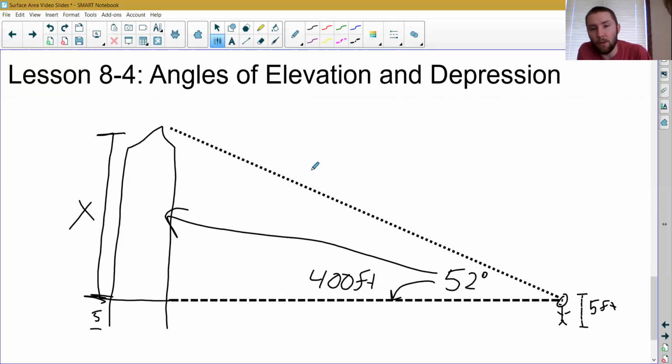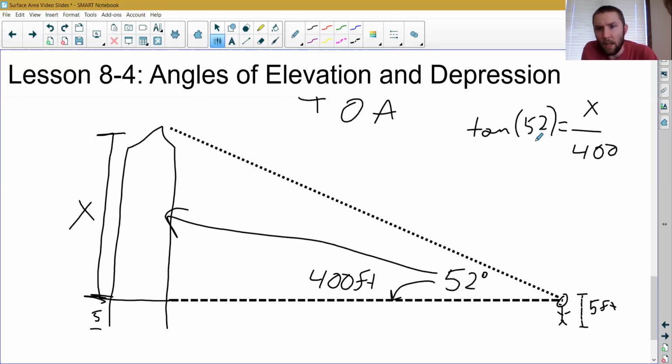The straight line of sight from the person's eye to the top of the tower is the hypotenuse. We don't know that. We want opposite, and we know adjacent, so we're setting up tangent here. Tangent of 52 degrees is equal to x over 400. Again, we can get the tangent of 52 as a decimal, put it over 1, and then do our fish method, cross multiplication, to find x. And then once we find x, we add the 5, and we've got our answer.